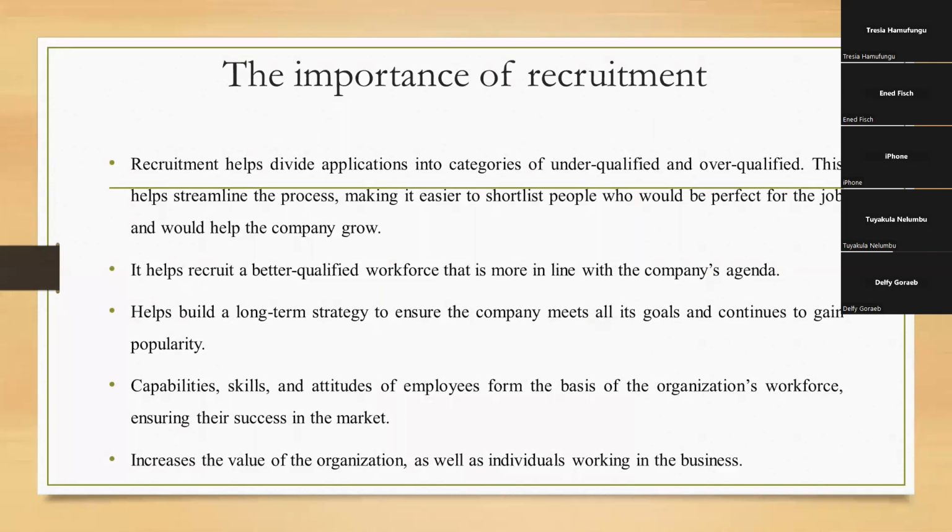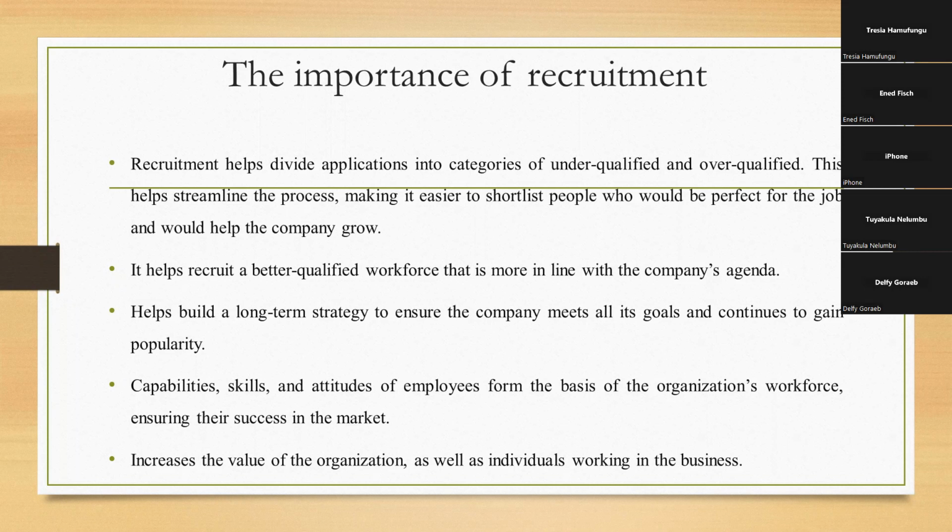Let's look at the importance of recruitment. Recruitment helps divide applications into categories of underqualified and overqualified. This helps streamline the process, making it easier to shortlist people. Recruitment also helps to recruit a better qualified workforce that is more in line with the company agenda.